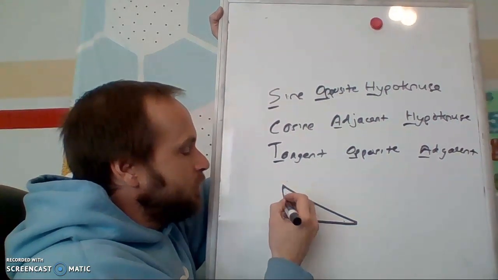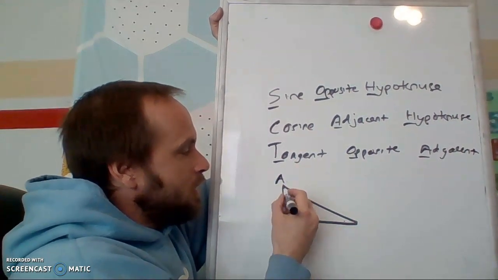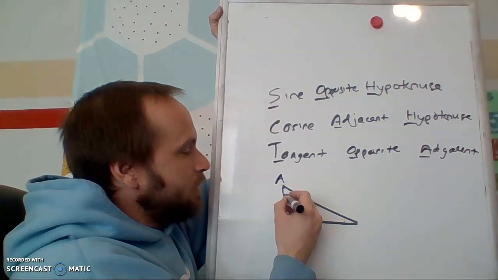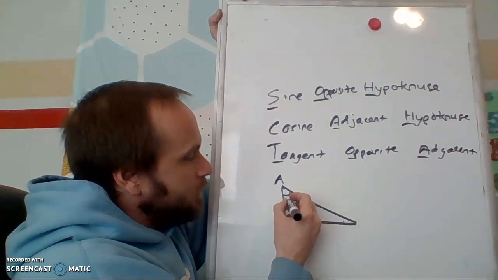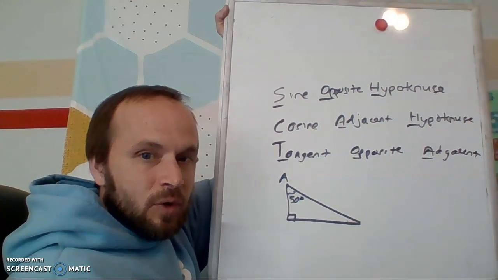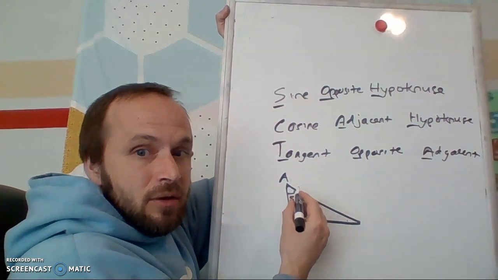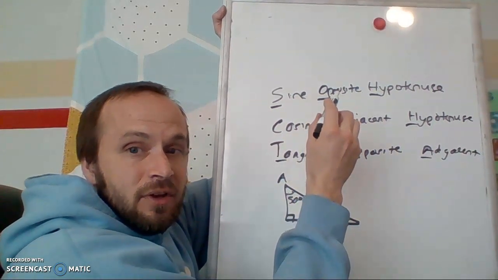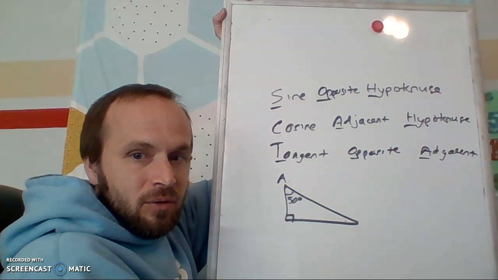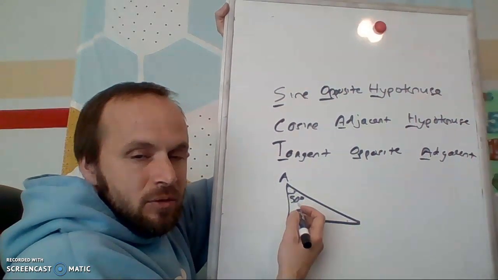So let's pick this angle, angle A, and say I'm given that angle A is about 50 degrees. From angle A, I define my relationships. Opposite is kind of a direction: it means opposite of the angle that you're looking from.